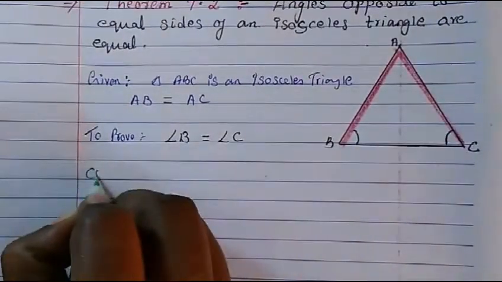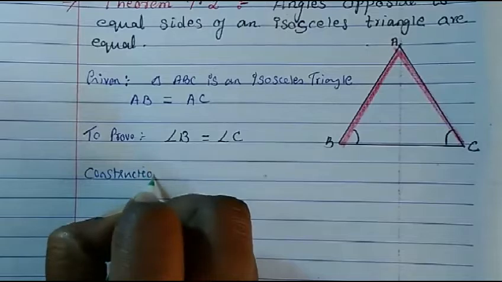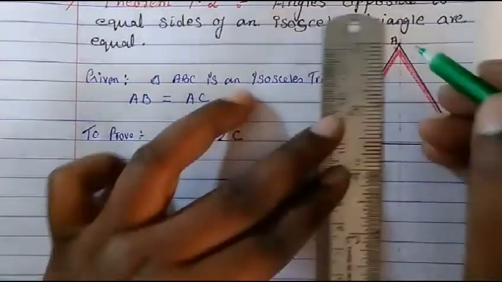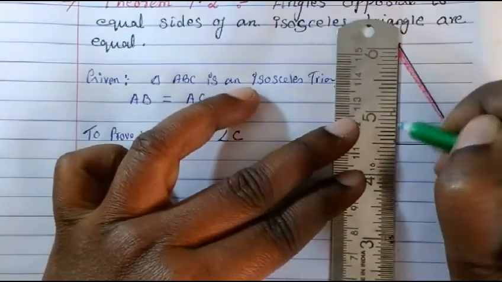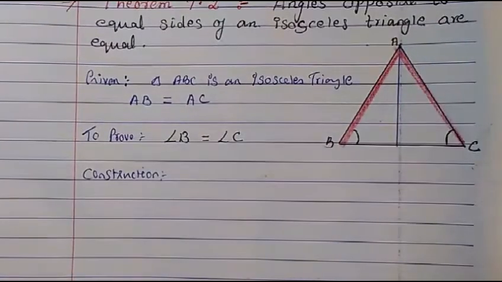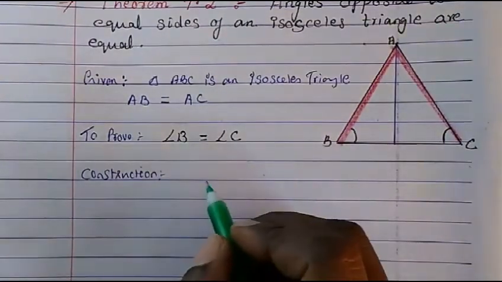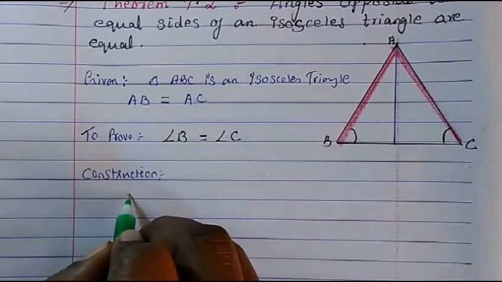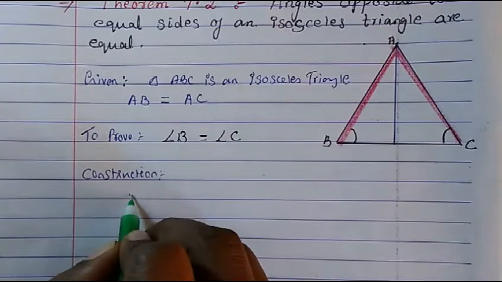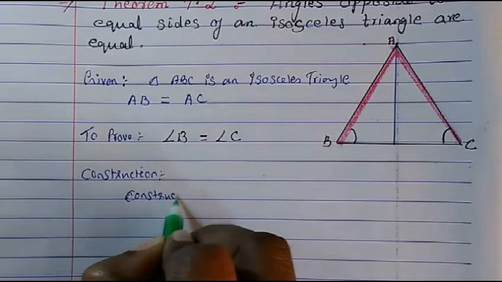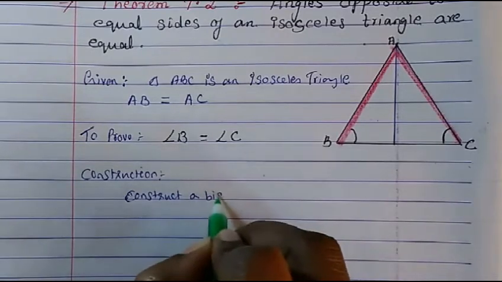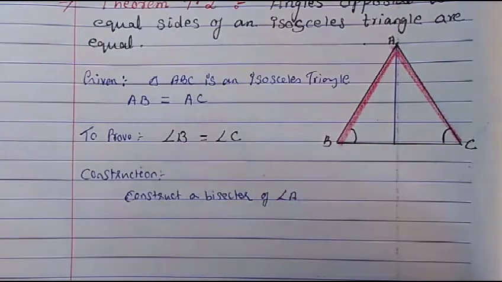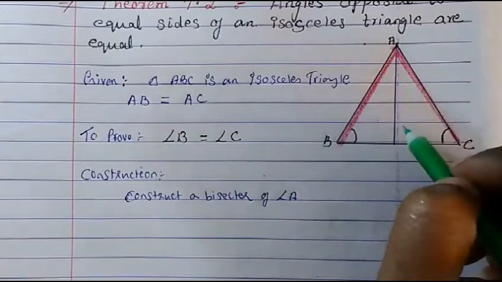So let's do some construction now because we have to prove that. We are constructing a bisector from A to BC, a bisector of angle A. Angle A bisector meaning is what?